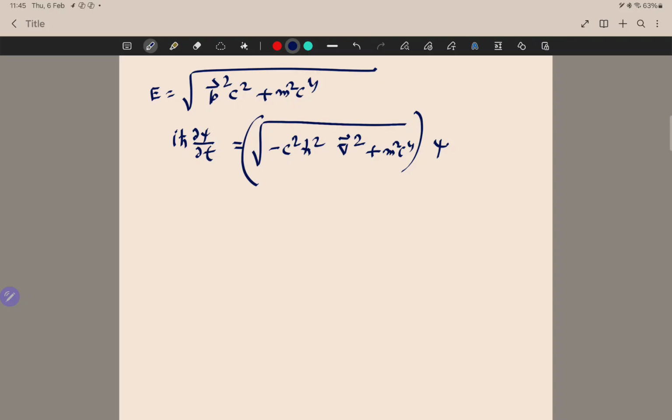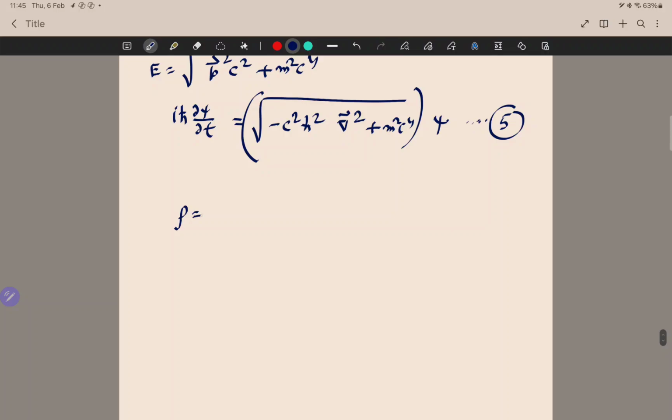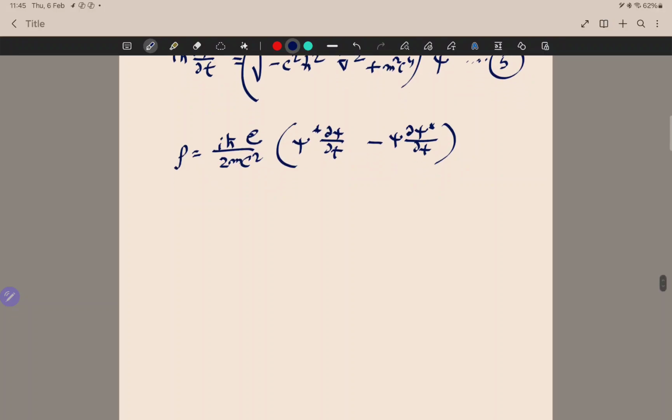The Klein-Gordon equation acquires importance in the description of the relativistic scalar field. To see the importance, we can recall that the interpretation of rho as a probability density was futile. We multiply rho by E and consider rho equal to i h bar divided by 2mc squared times psi star del psi by del t minus psi del psi star by del t.